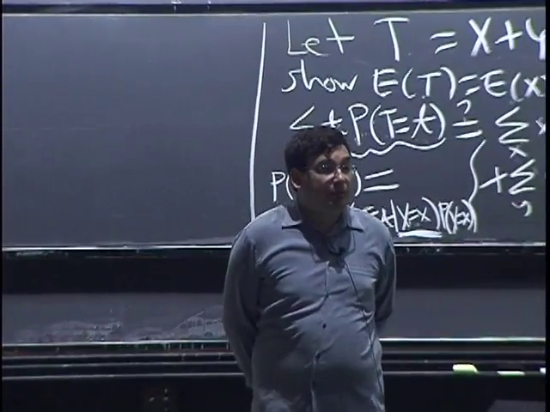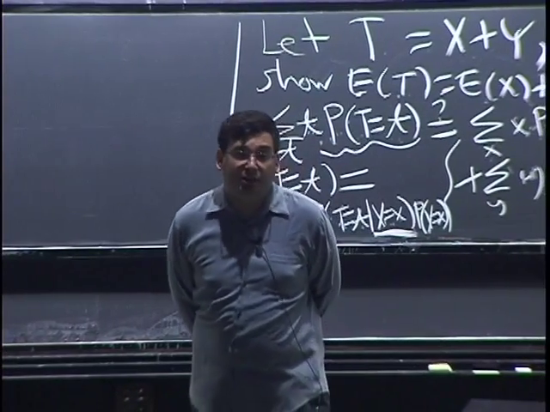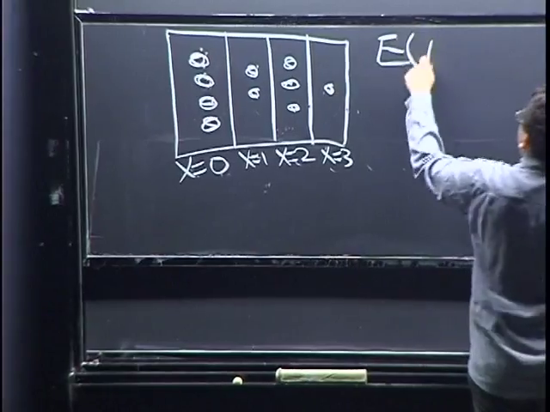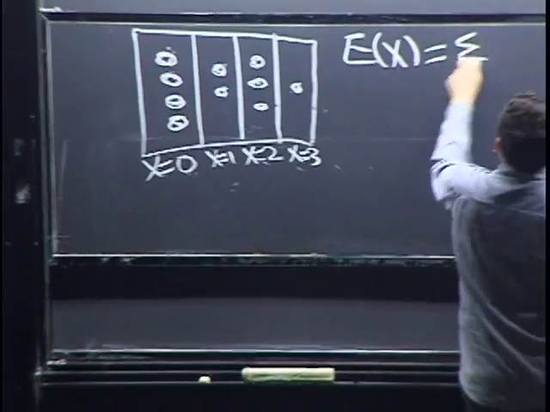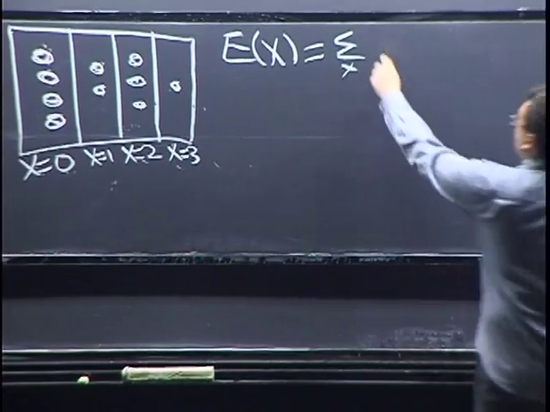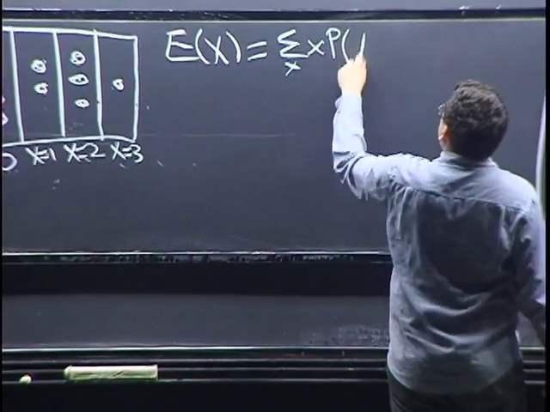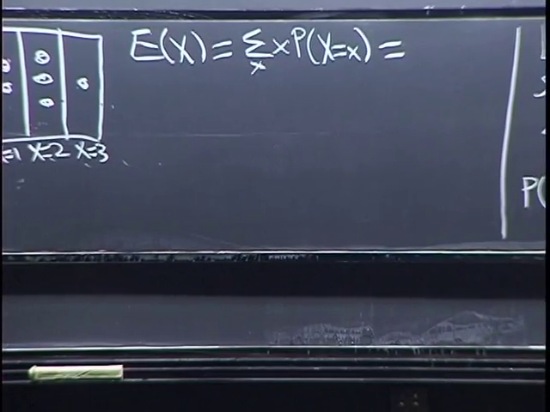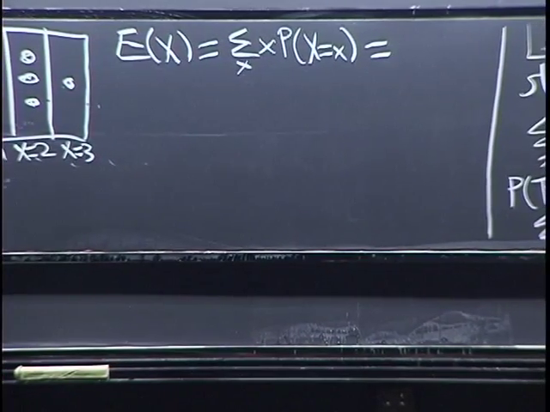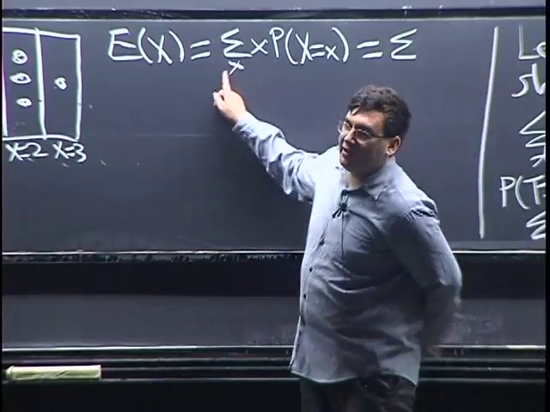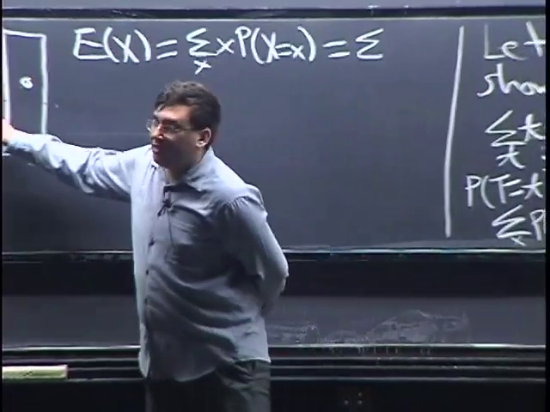Now, let's just make an observation about how we can do our summation. E of X, we defined it to be the sum over all values x of x times the PMF. That was the definition. But notice that we could do this a different way instead. That is, to sum not over values of the random variable, but over all pebbles.